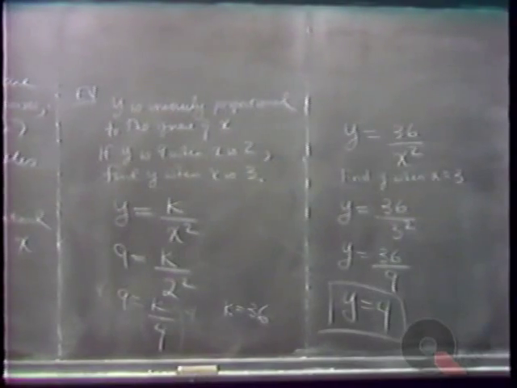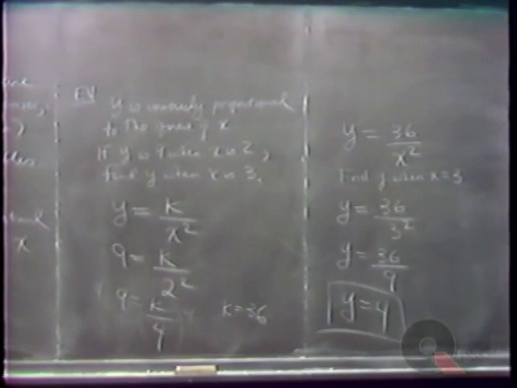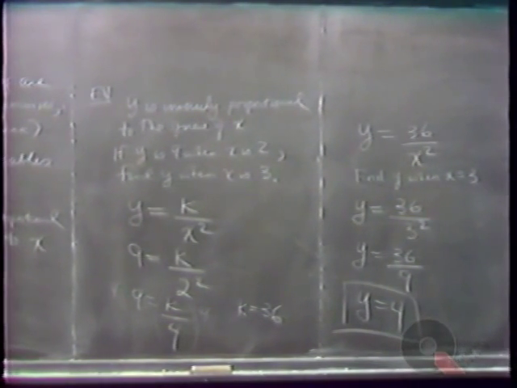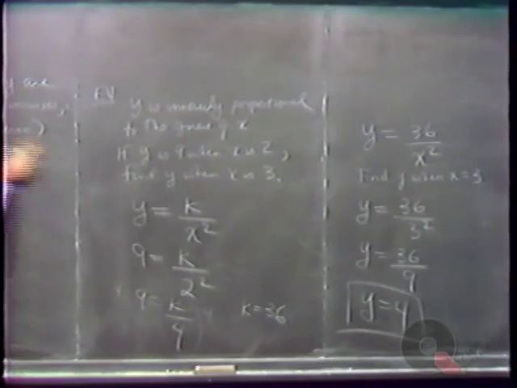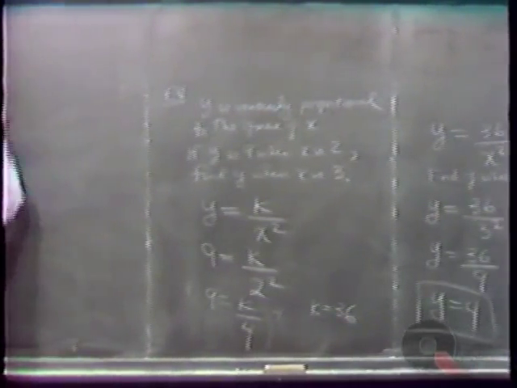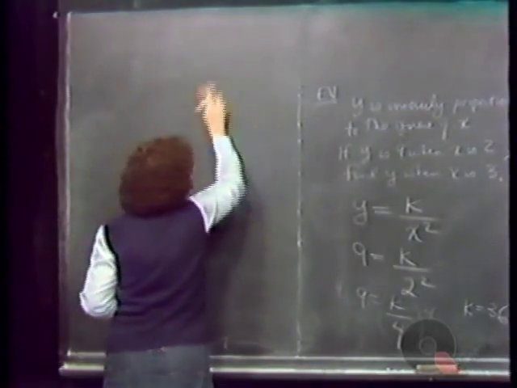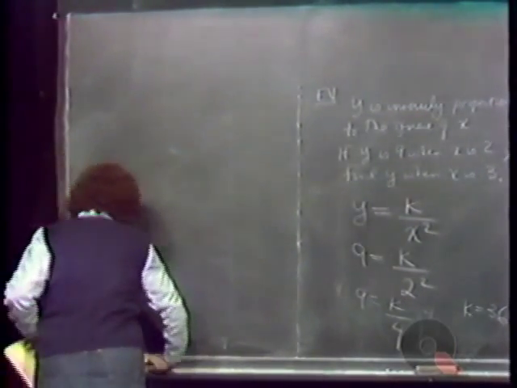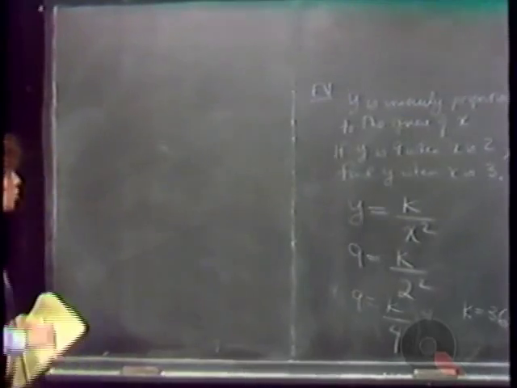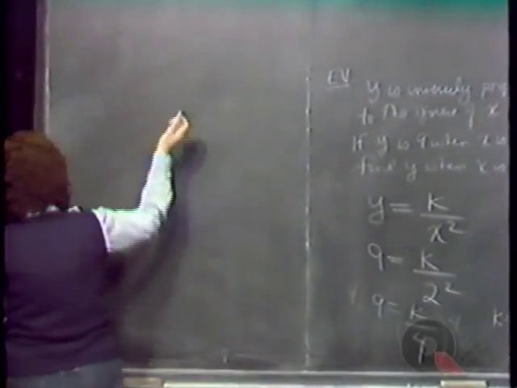Now, sometimes more than 2 variables are involved in the problem. And if we have, say, one variable varying directly with 2 other variables, we say that they vary jointly. We say that the variable varies jointly with the 2 other variables.